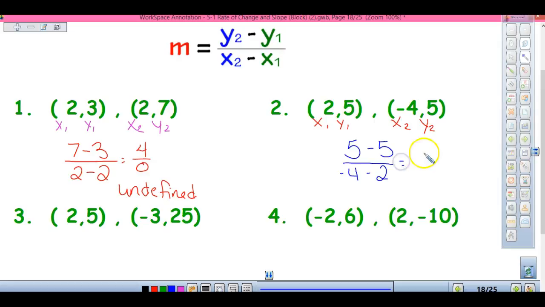So on the top I get 0 over negative 6. Plug that one into your calculator. 0 divided by negative 6. You get 0. So you can have 0 on top. You can't have 0 on the bottom. If you have 0 on top, your slope is 0. Or you can just put 0. If you get 0 on the bottom, you get undefined.